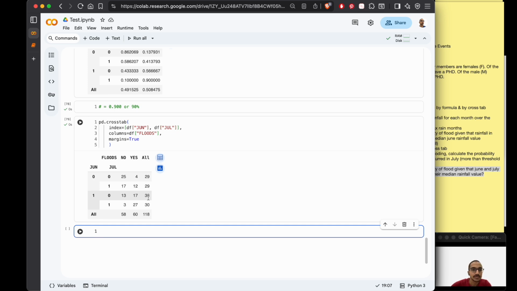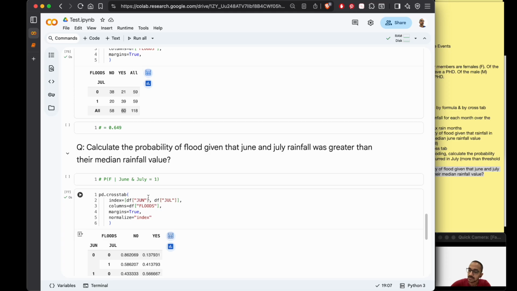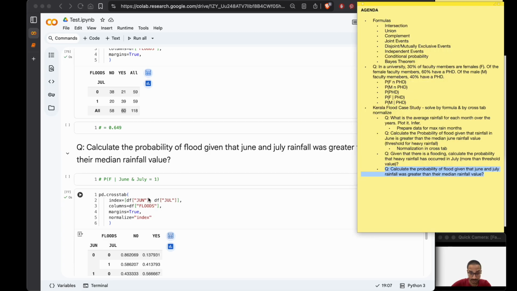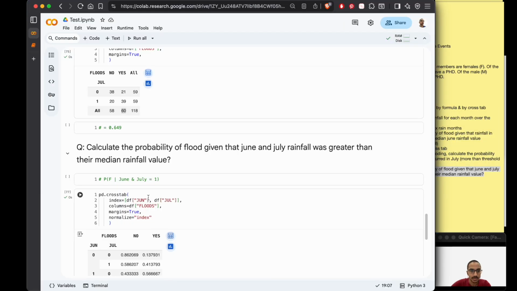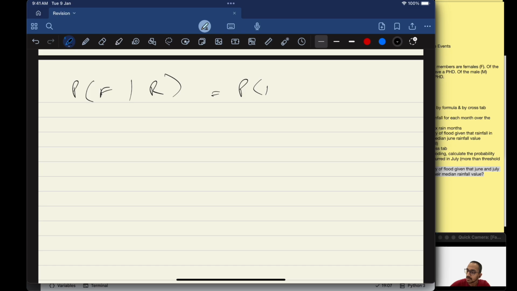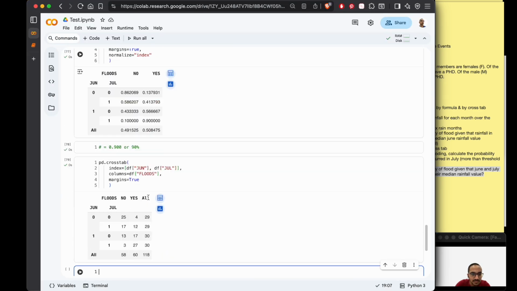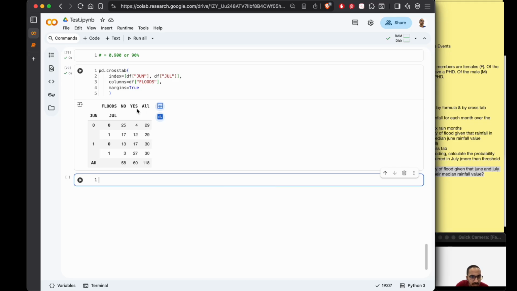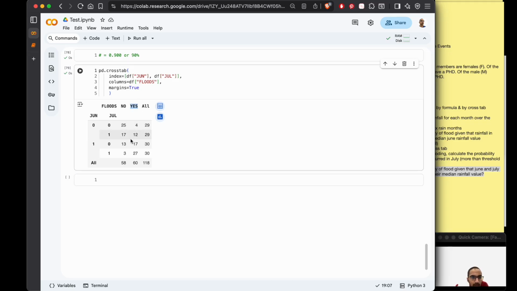Okay, what is the question? Question is P of F given rain, right? Our standard this one. So P of F intersection R over P of R. So let's calculate P of F intersection R. In this case, P of F intersection R would be floods, yes, and rains, both true.